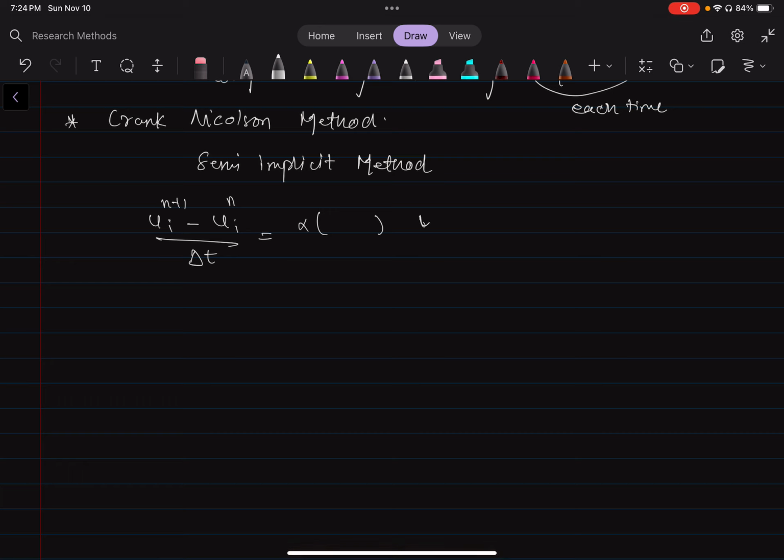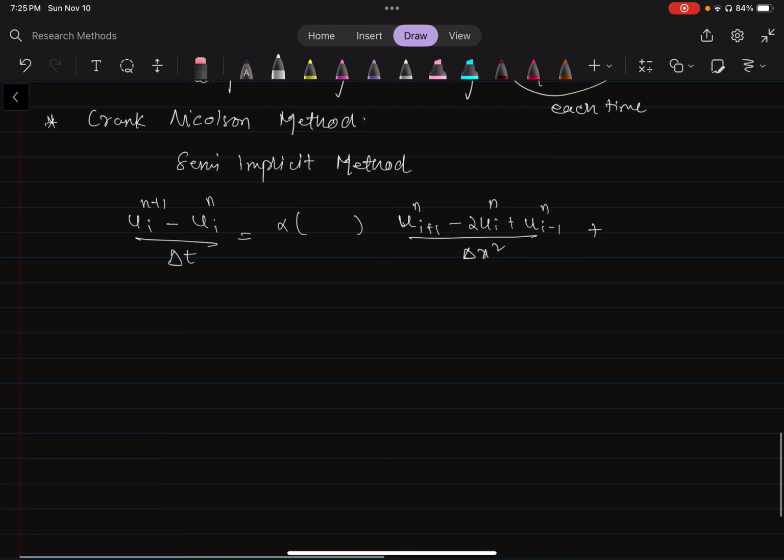So basically discretizing it with respect to the implicit and explicit method. So this is the explicit formulation or the discretization of the thing, and the second part is basically the other part of it. So this will be u_{i+1}.